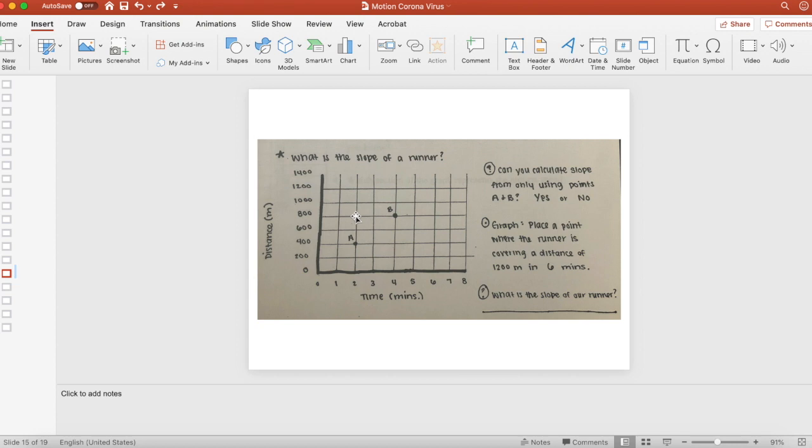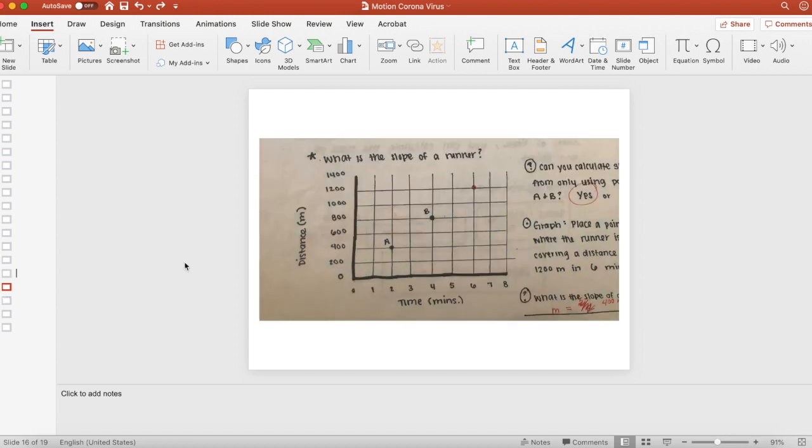Well, you take 800 minus 400 and you get 400. So the rise is 400 meters over how long did it take them? So from here to here, you had to go over 1, 2. You had to go over 2 minutes. So the slope of our runner should be m equals 400 m divided by 2 minutes, or over 2 minutes.